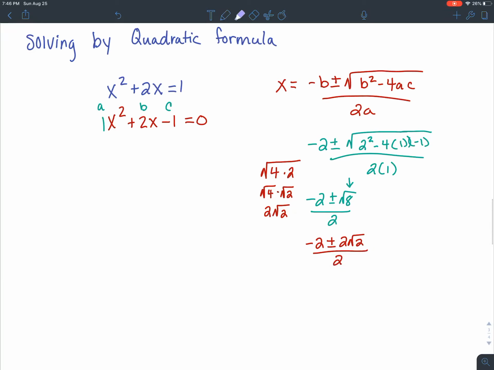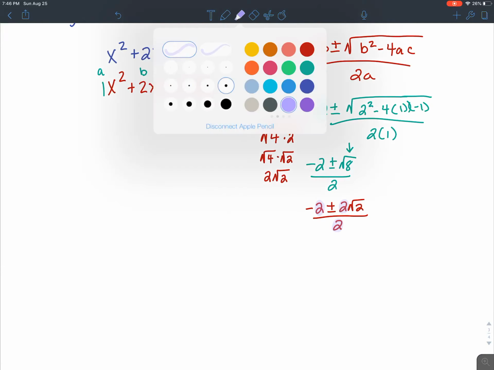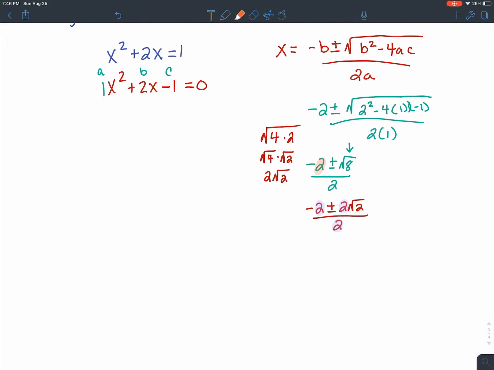Now notice everything is divisible by 2. I don't care about the radical. We can't go inside the radical. Illegal move, flag on the play, not allowed. Also, and I'm going to stress this, these 2's cannot just cancel. It has to go into everything, y'all.